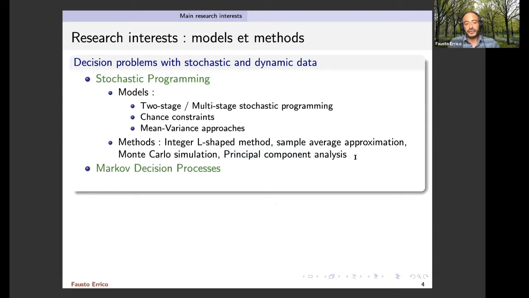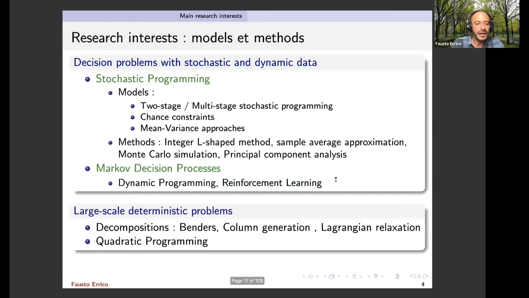And Markov decision processes that usually are solved by dynamic programming. In my work, I mostly tend to use approximate dynamic programming, in particular reinforcement learning. It's not a surprise that most of these stochastic problems become large-scale deterministic problems, so I work a lot on decomposition methods, like Benders decomposition, column generation, Lagrangian relaxation.